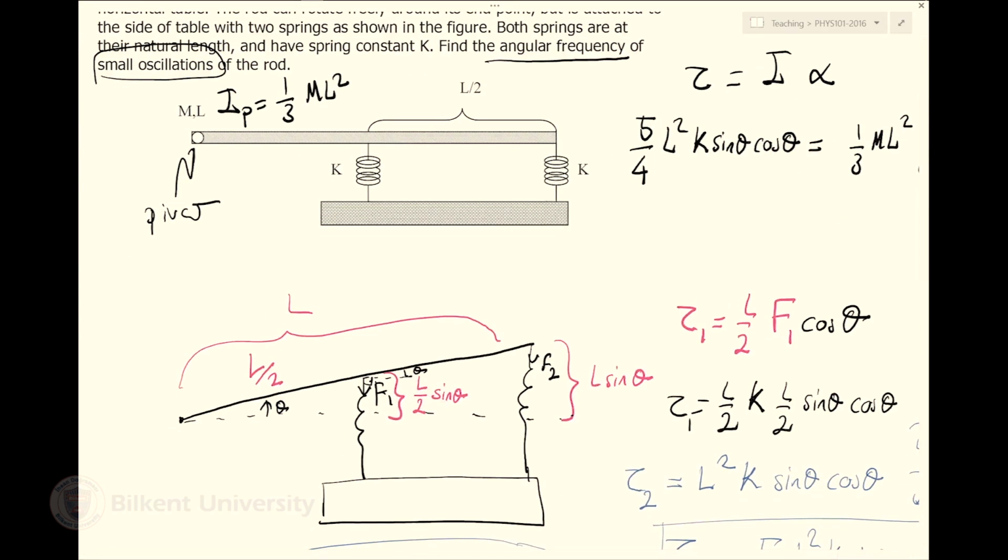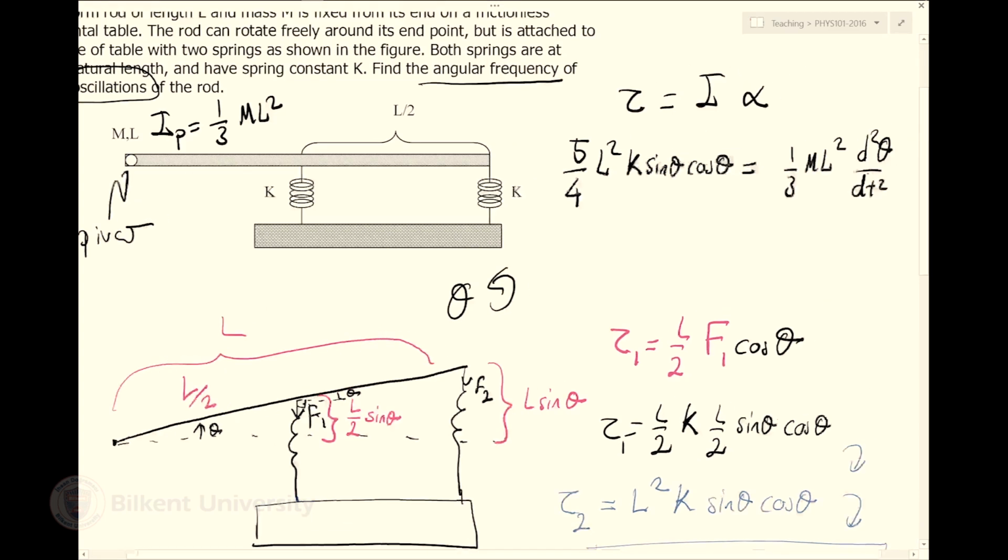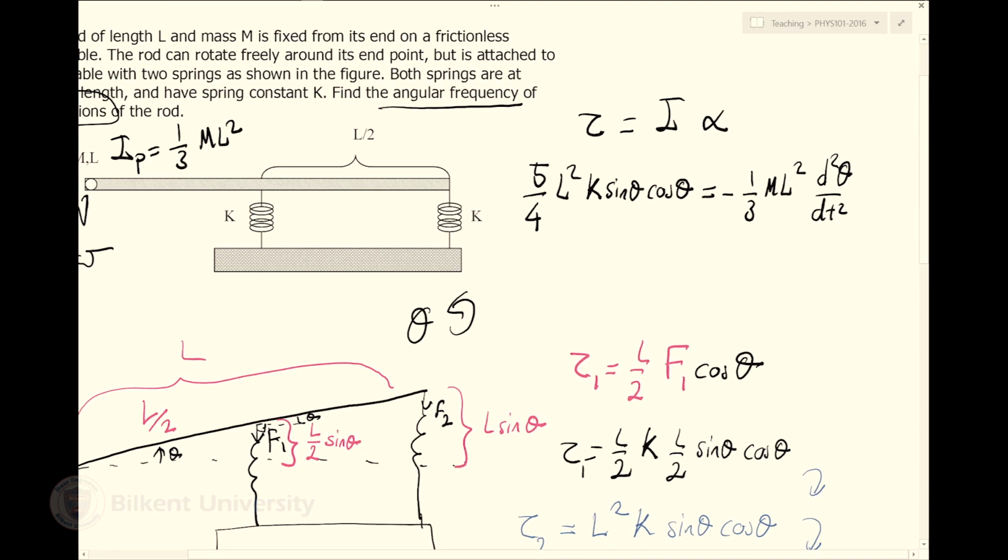But the way I define theta, theta is counterclockwise and the torques are clockwise. So I must have a minus sign here.